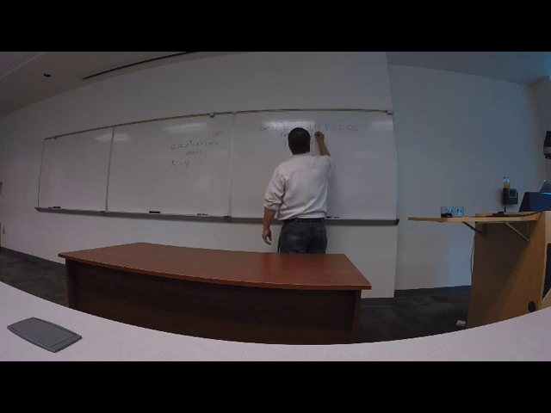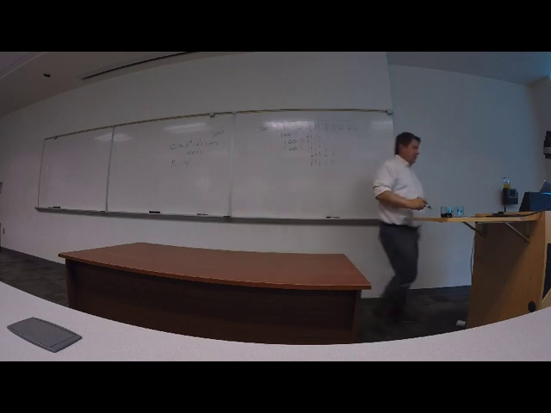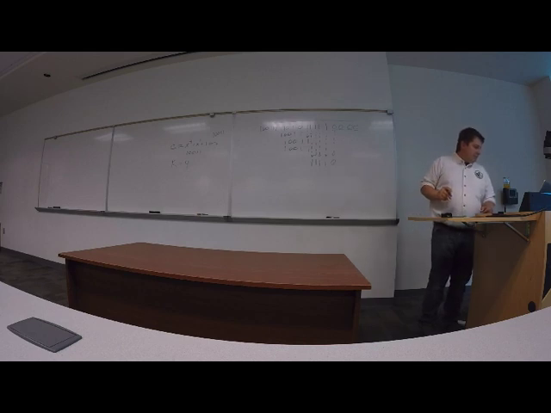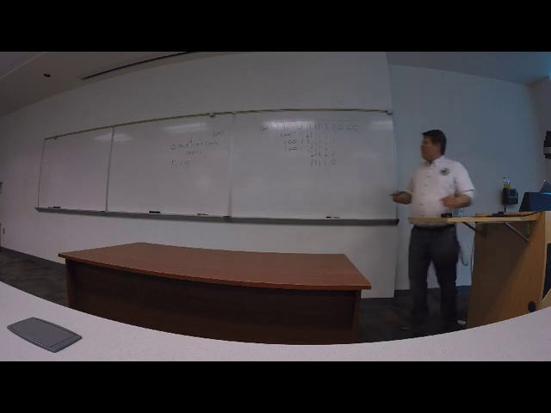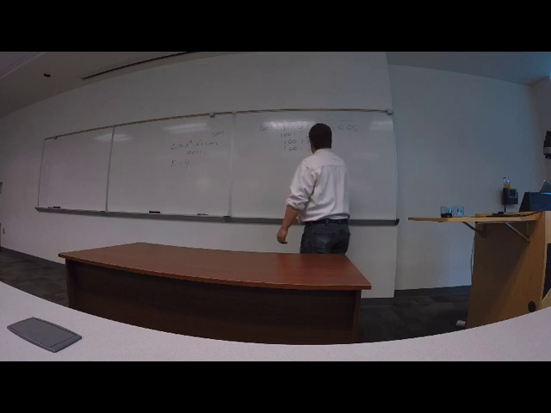So that's 1, 1, 1, 1, 0, and that's the first check bit. Then we divide again, 1, 0, 0, 1, 1.